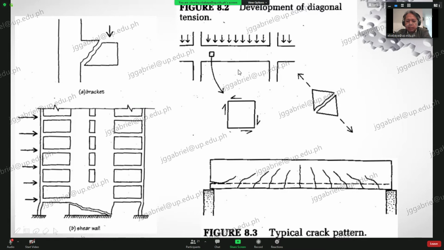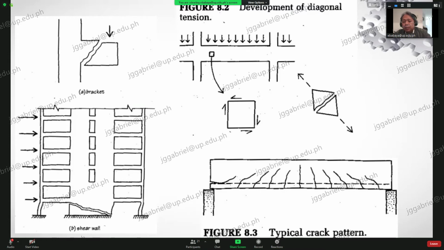So now notice this is near the support. Because for this kind of beam, particularly in a continuous beam, shear forces are maximum near the supports, considering vertical forces. So this explains why at this region, failure is diagonal.